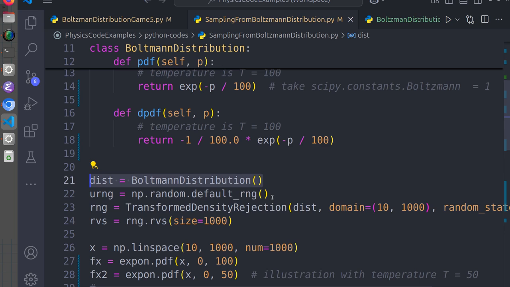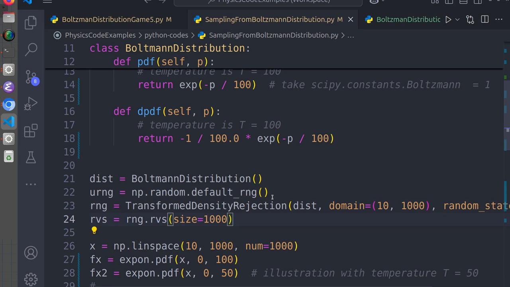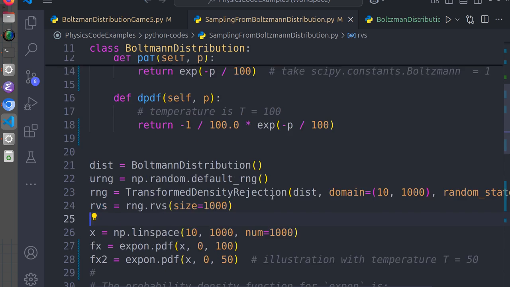Okay, and we can generate some random numbers that will be transformed to distributions over Boltzmann, and we can generate random samples here. This is generating 1000 random samples drawn from the Boltzmann distribution.